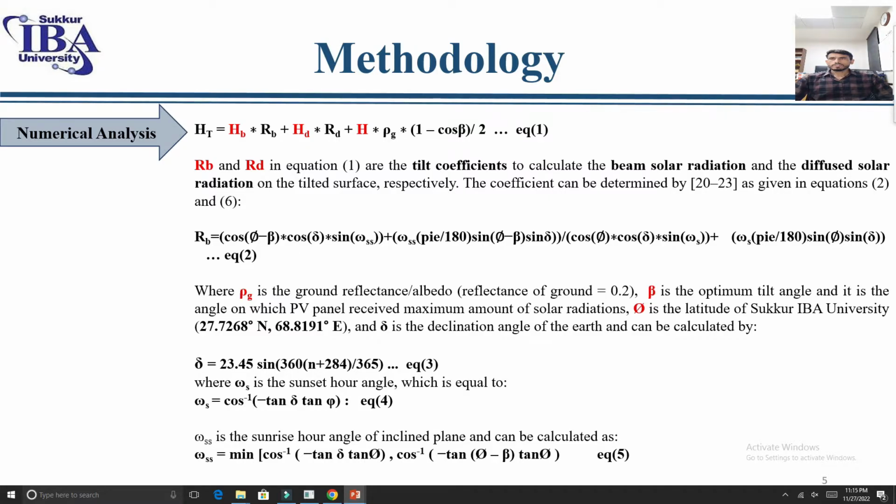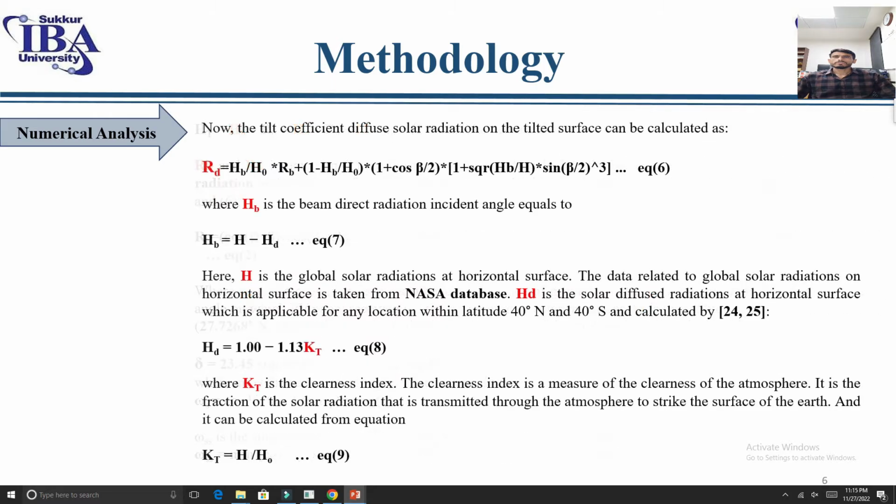In equation 2, omega s is the sunset hour angle, which can be calculated with equation 4. The sunrise hour angle can be calculated with equation 5. Let's proceed further. RD can be calculated with equation 6, where HB is the beam direct radiation and can be calculated with equation 7.